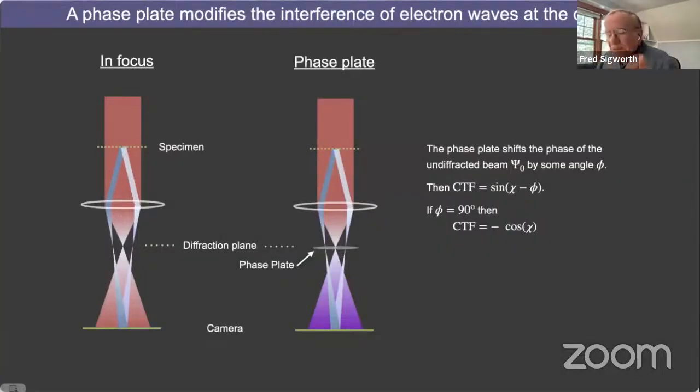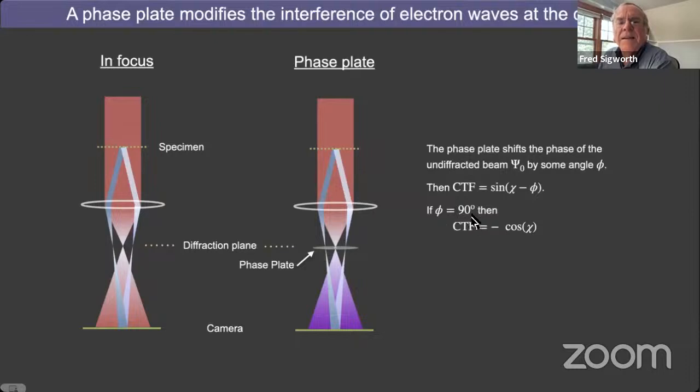All right. Finally, the faceplate. So the faceplate is a really wonderful device. The idea is, we have this problem that when we're in focus, there's no interference between the diffracted and the undiffracted wave. So what you do is you insert this device that maybe doesn't shift the diffracted rays, but shifts the phase of the undiffracted wave by some amount, say 90 degrees.